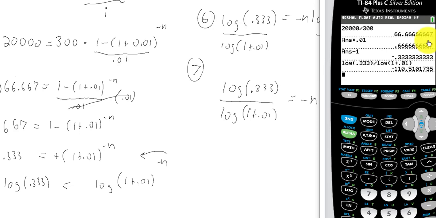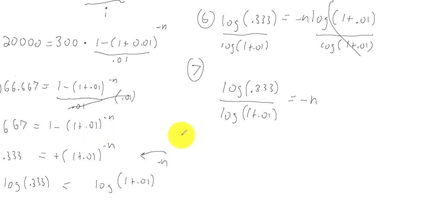I get an answer. So it looks like N is going to be equal to that 110, right? So my final answer would be negative 110.510 equals negative N. Again, if you multiply both sides by negative 1, you end up with something like this.